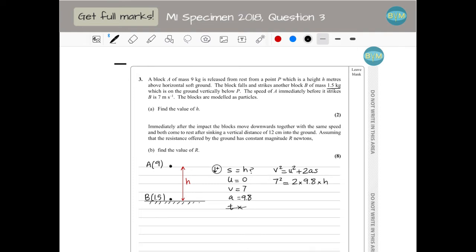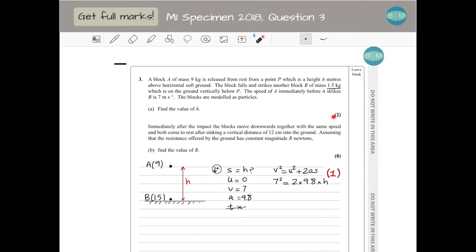For using the correct method and substituting correctly, you get the first mark. So this is your first mark here, out of the 2 of this part A. Sometimes in this type of question, they give you 2 marks here, one for the method and the second for substituting correctly.